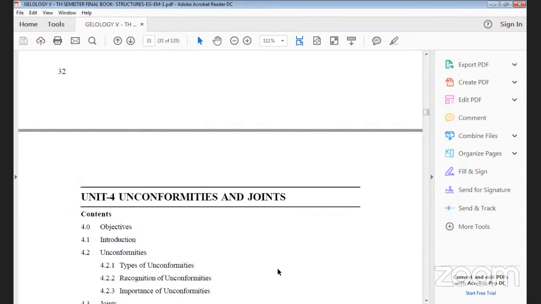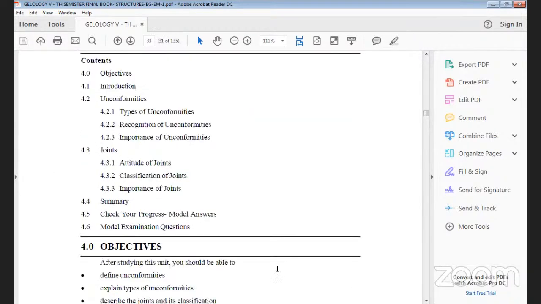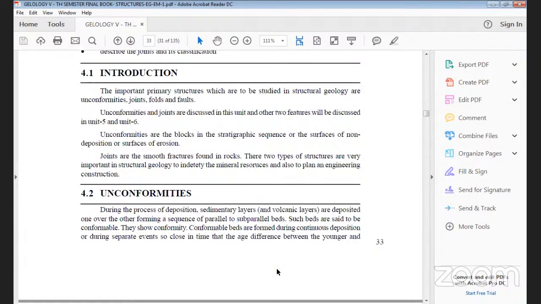We are now coming to the unconformity. Actually, the primary structures are important because through them we can study structural geology. They are related to the unconformities, joints, folds, and faults. Unconformities and joints are discussed in this unit. Two features will be discussed.